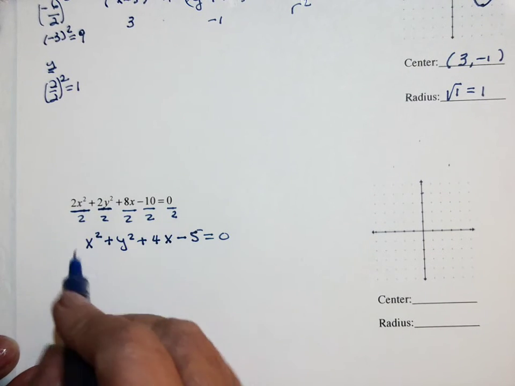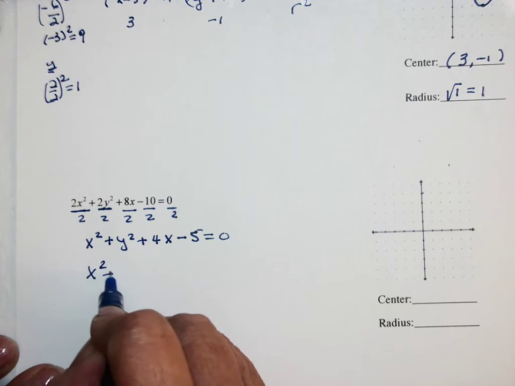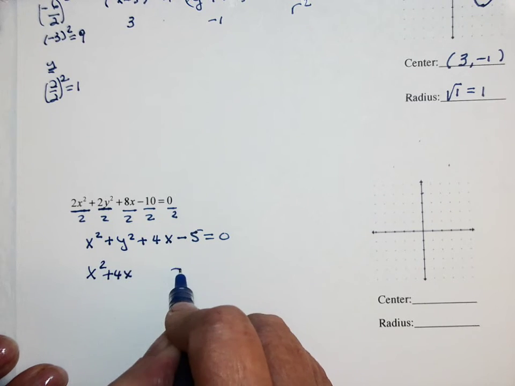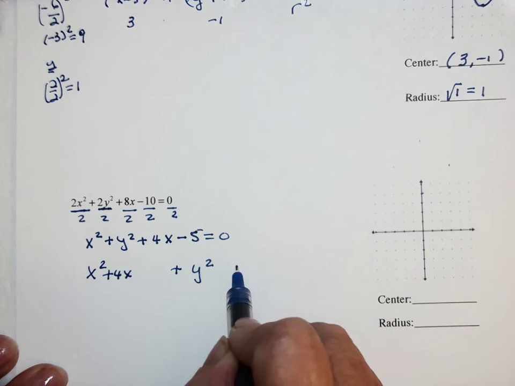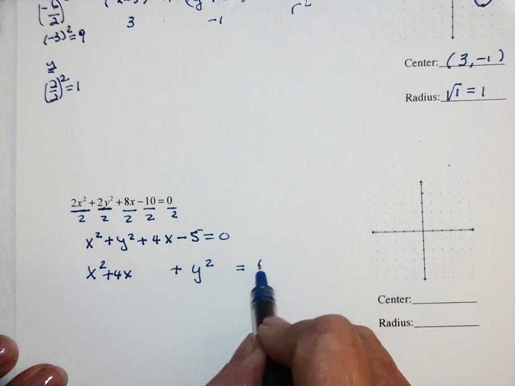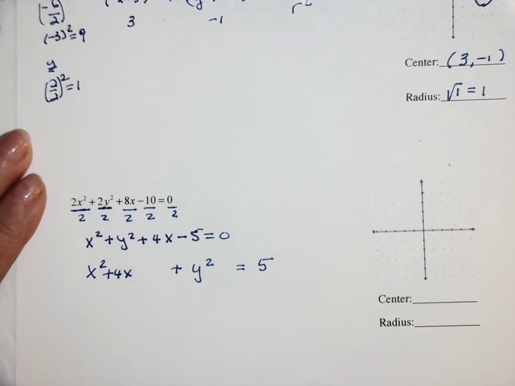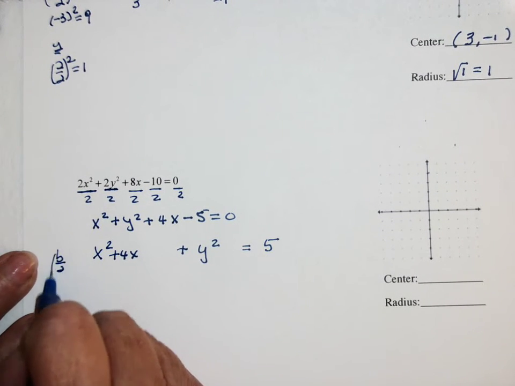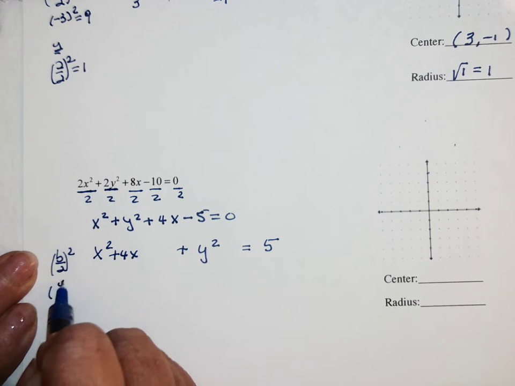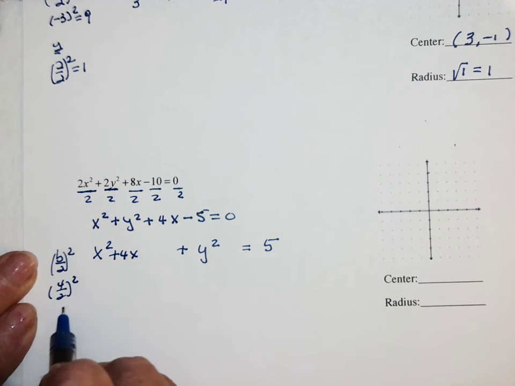Now group my x's together. x squared plus 4x, plus the only thing that I have with y, just a y squared, equals, move 5 to the other side, 5. Complete the square on the x's. That's (b over 2) squared, which is (4 over 2) squared, which is 2 squared, or 4.